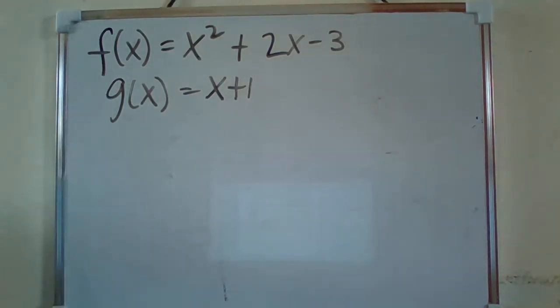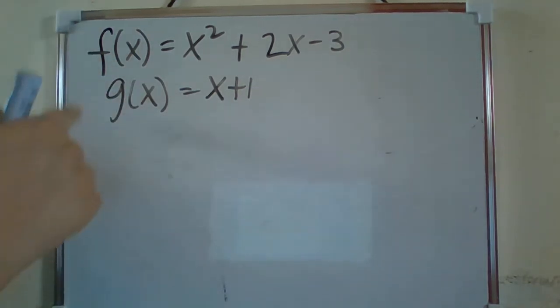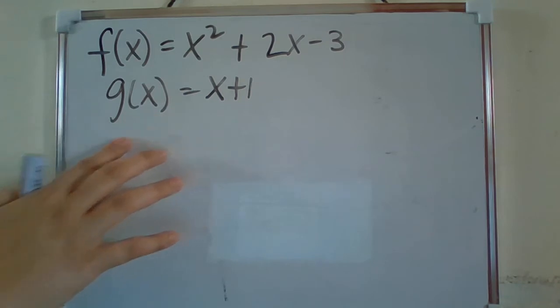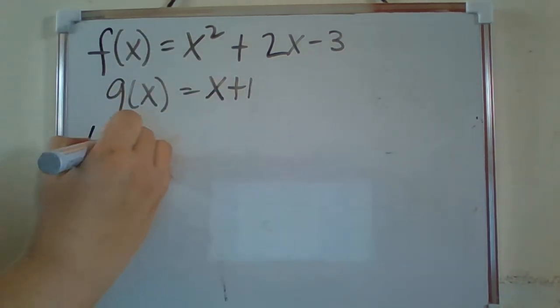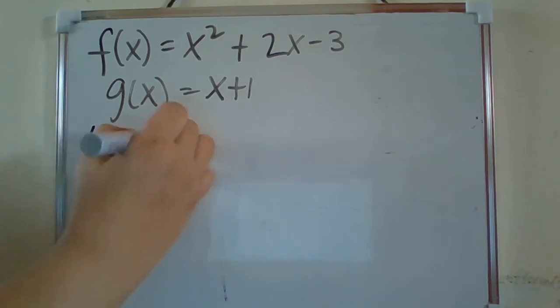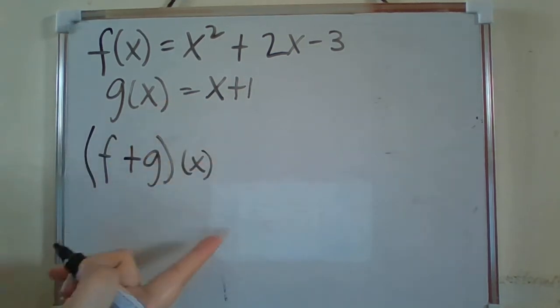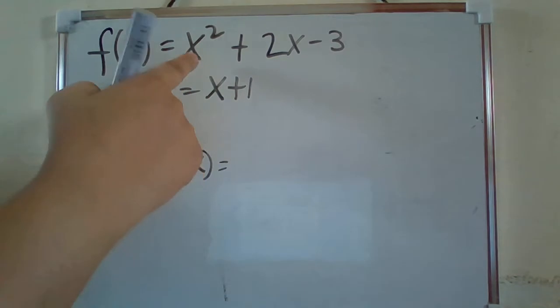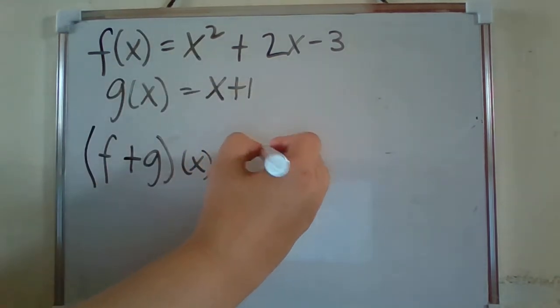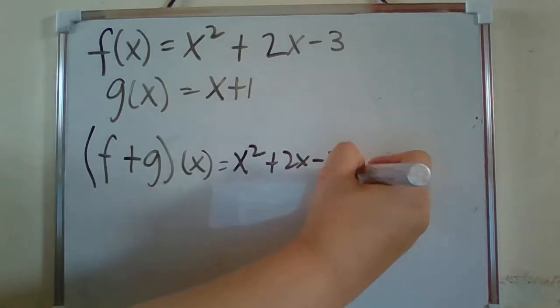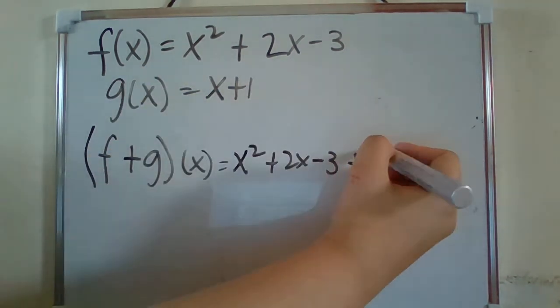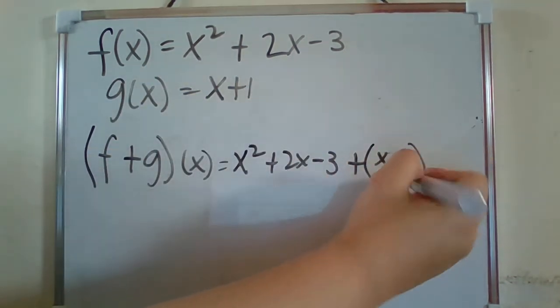Okay, so using the same equation, so when we add, we just simply add, pero yung symbol na gagawin natin ay magiging f plus g of x, equals x squared plus 2x minus 3 plus x plus 1. Alright.